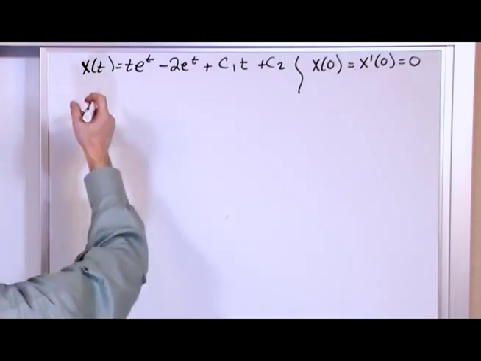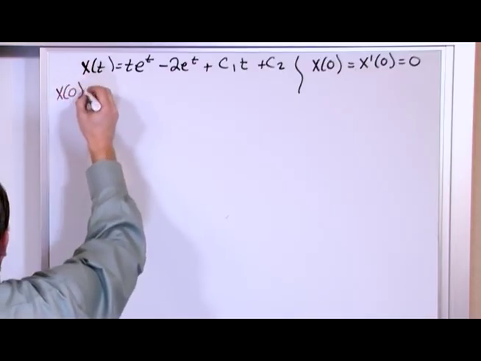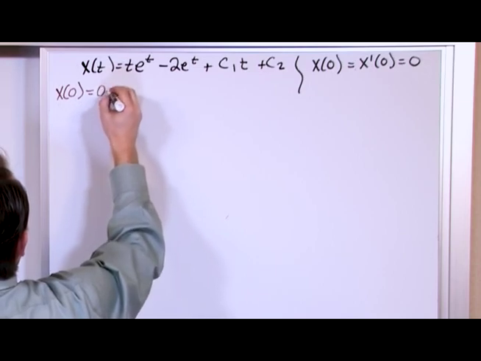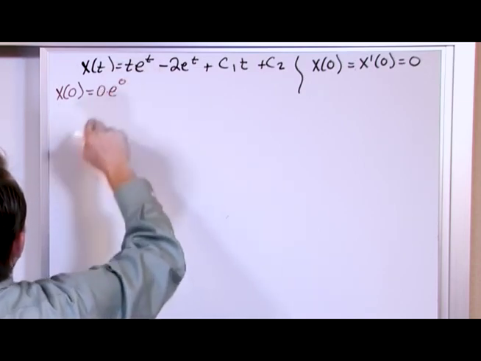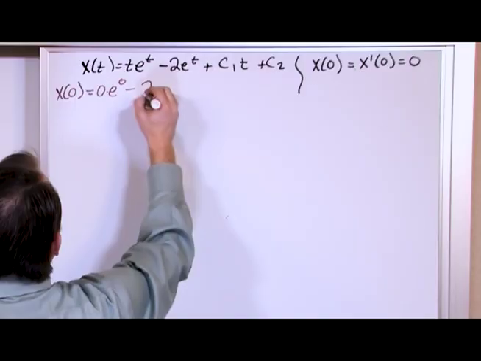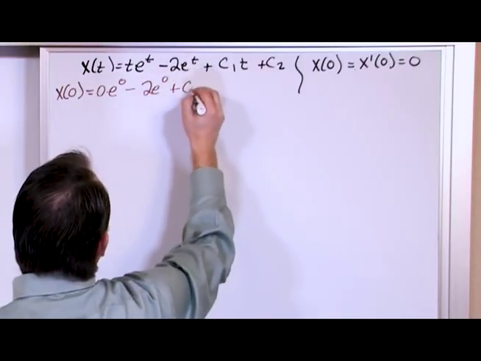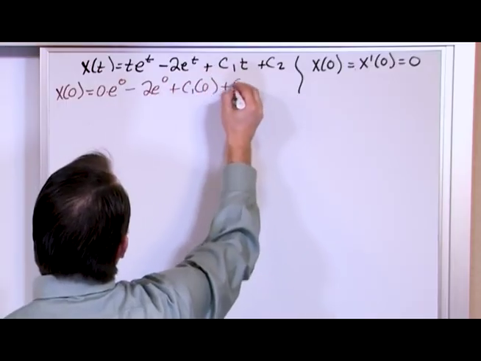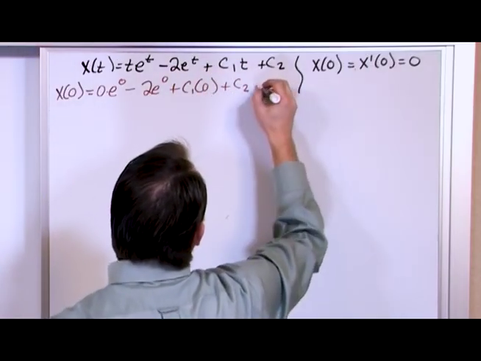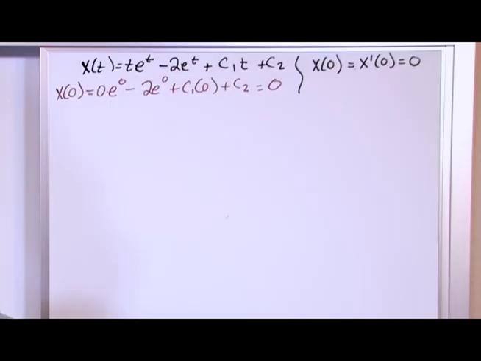All right, so at time 0, we have t e to the t, so we have 0 times e to the 0, right, because time is 0, minus 2e to the 0, because time is 0, plus c1 times 0, plus c2, and it's equal to 0. So I'm just plugging it in there. Now here's where things get a little different.